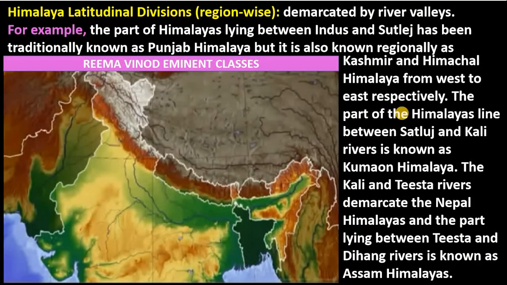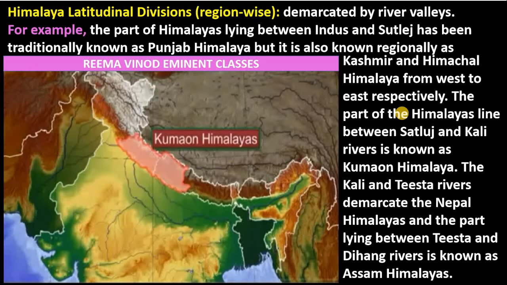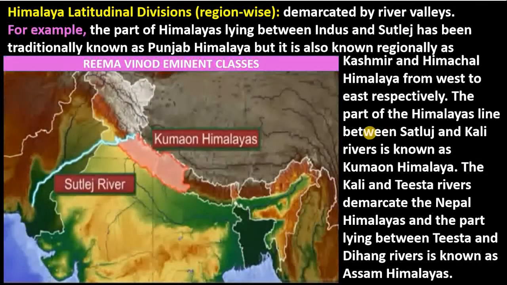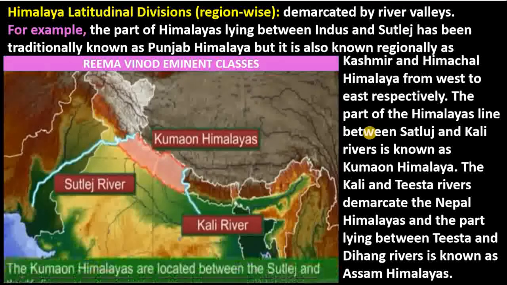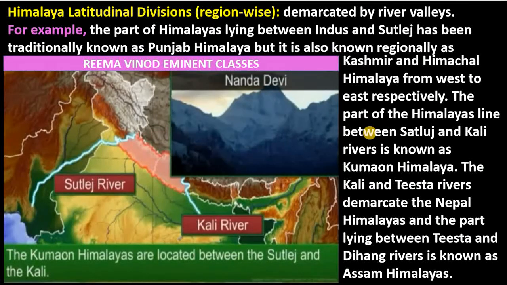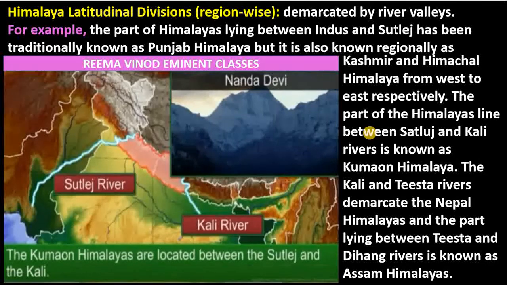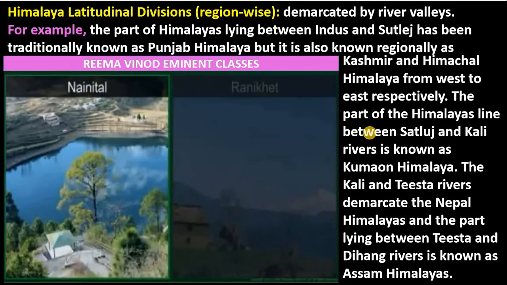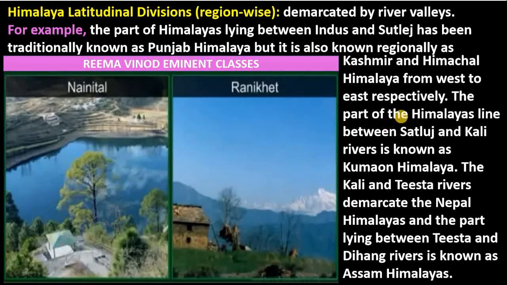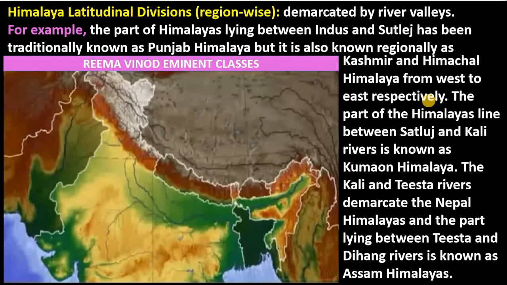The next part of Himalaya is called the Kumaon Himalaya. It is located between two rivers, the Satluj river and the Kali river, which originates from Nepal. So the name is Kumaon. Nanda Devi is the highest peak, and Nainital and Ranikhet are the tourist places of this area.